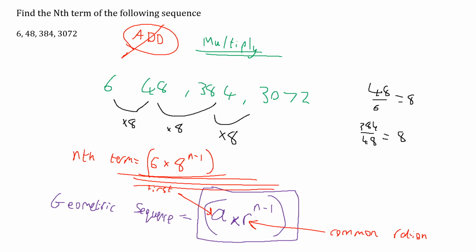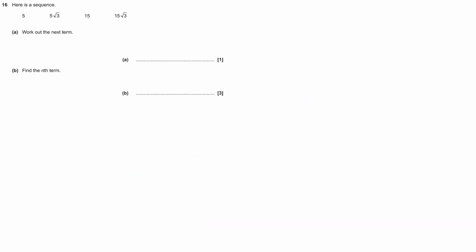Sometimes it looks very easy, like something like this. Here is a sequence. We've got 5 root 3, 15, 15 root 3. What is the next term? Well, what are we multiplying by each time? We're timesing by root 3. And also here we're timesing by root 3.